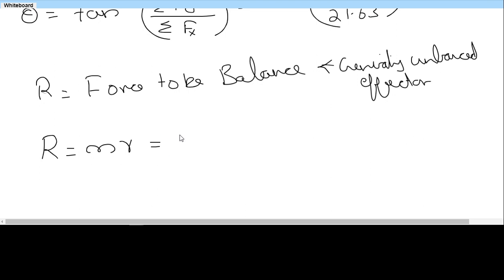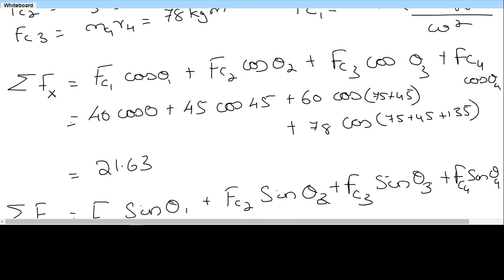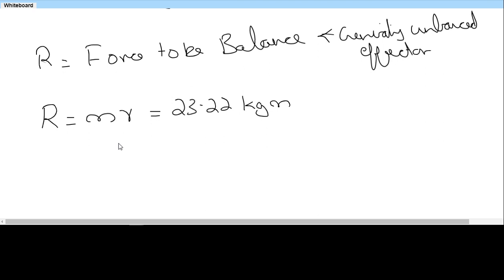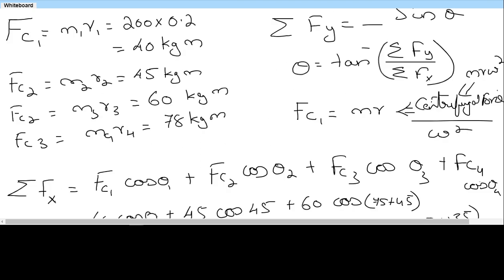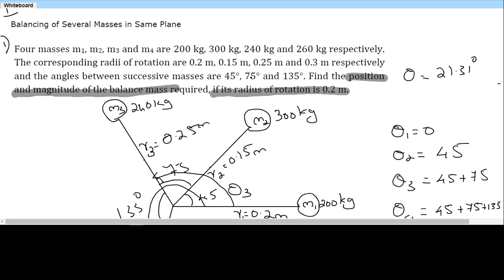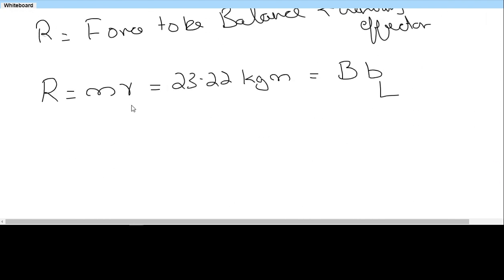That is what we have got as 23.22, and its unit also will be kilogram meter, because we have taken forces as kilogram meter. So to know the balancing mass, we should equate it to the balancing mass, taking the magnitude of balancing mass as B and radius of rotation as small b. This radius of rotation they have given in the question to be 0.2 here.